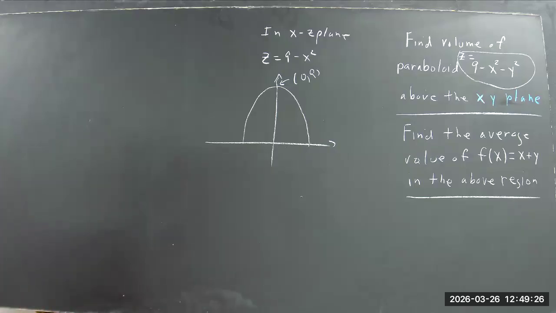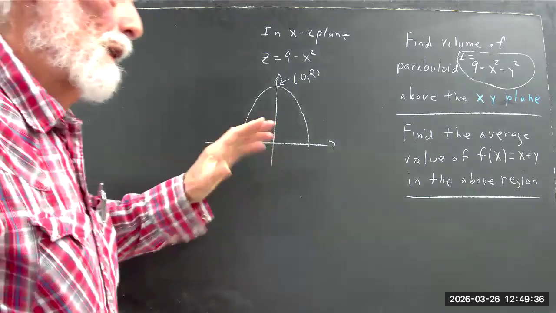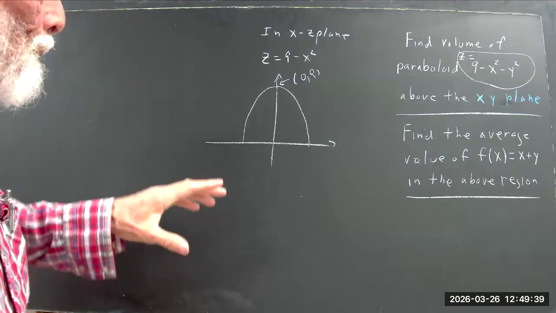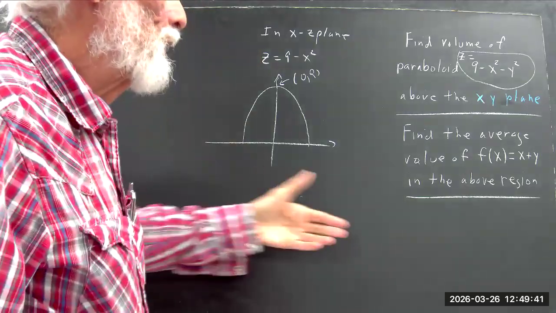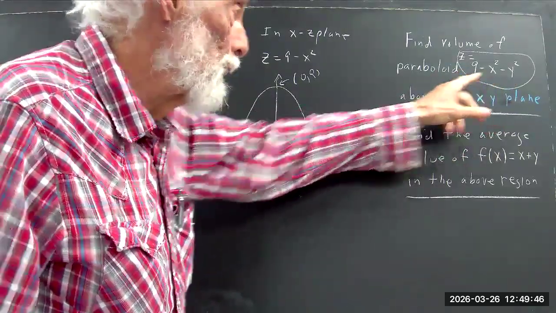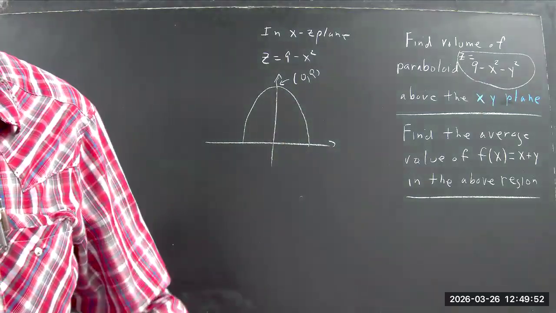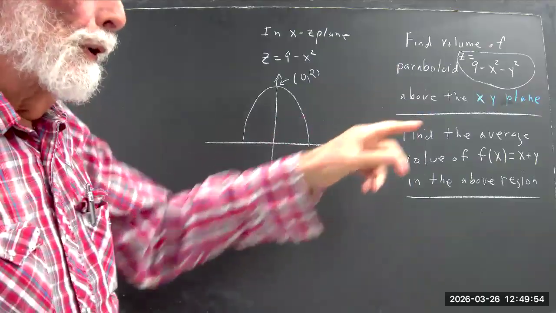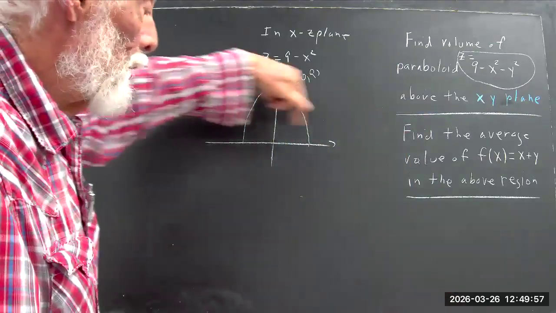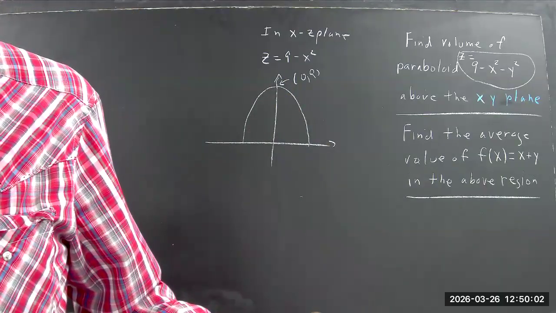In the yz plane, it's the same, except it's y instead of x. Because, again, make sure we understand, in the xz plane, that's what we get when y is 0. If y is 0, we get z equals 9 minus x squared. That's the picture. In the yz plane, it's the same picture. This is a paraboloid of revolution, then. We revolve this parabola around the z-axis, and that's the region that we're looking at.